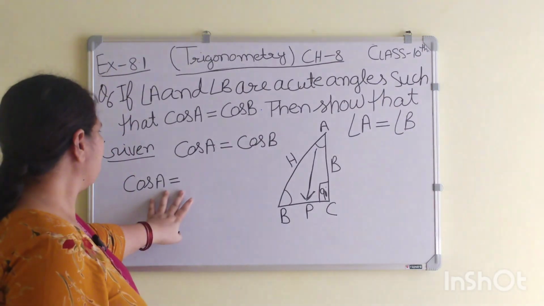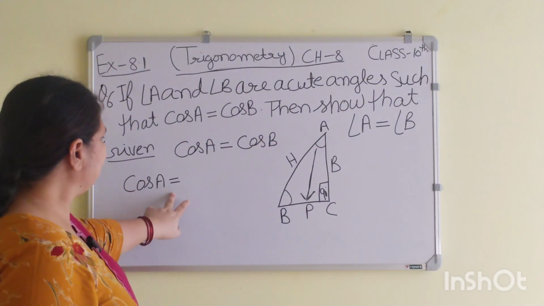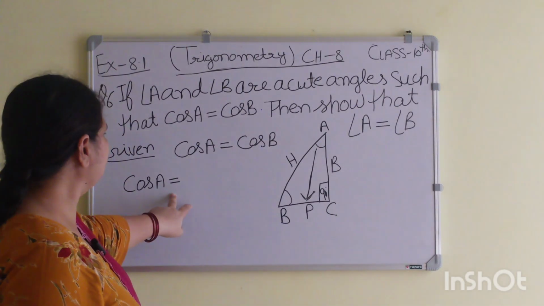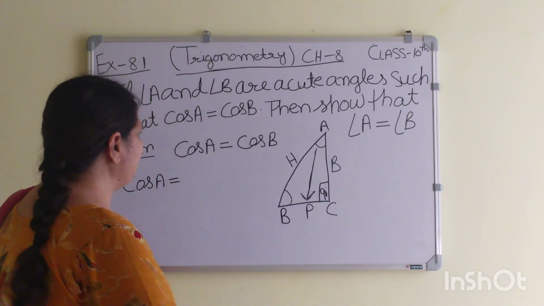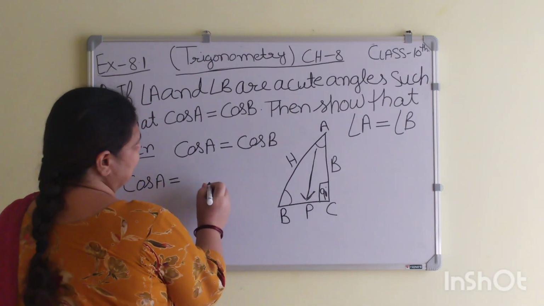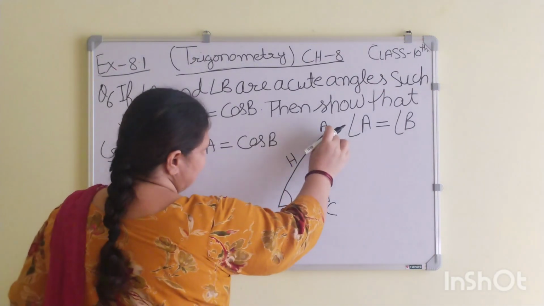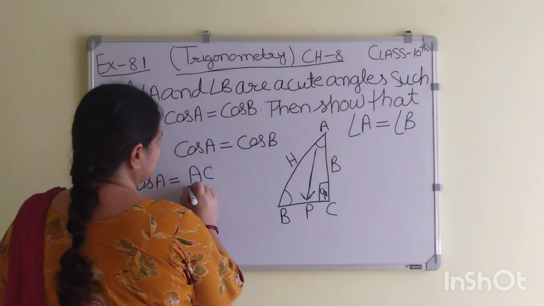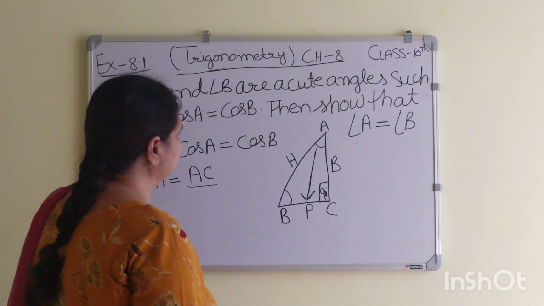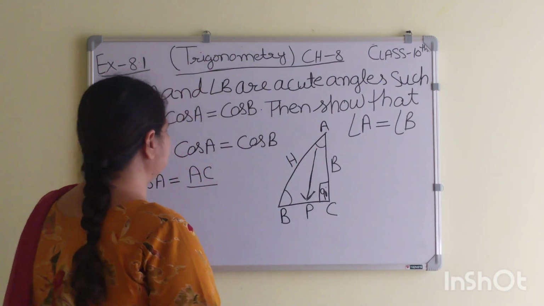So cos A is base upon hypotenuse. So cos A is equal to base means AC upon AB.